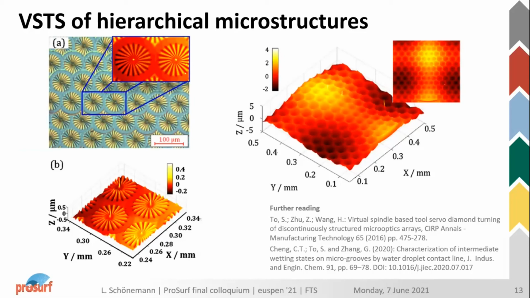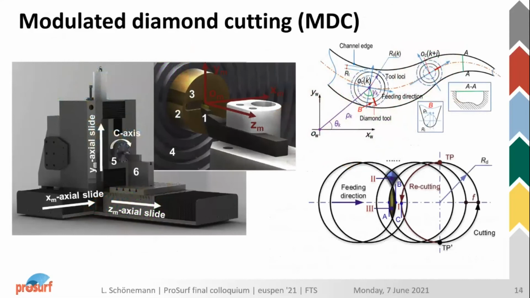Another extension of this process is the modulated diamond cutting. Instead of just moving the turning axis to a fixed position on your workpiece, in this case, some kind of a milling strategy is used.